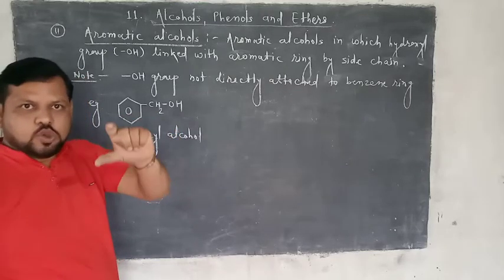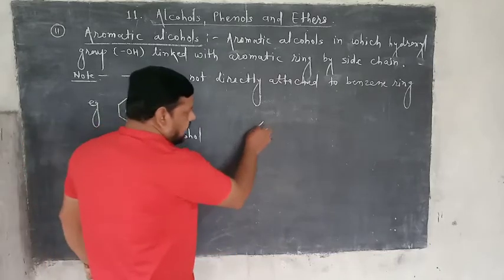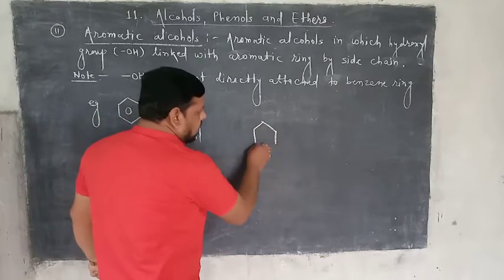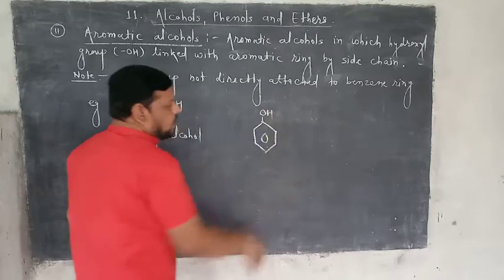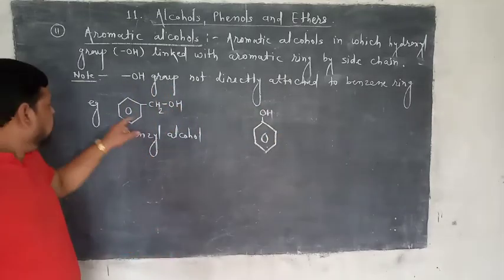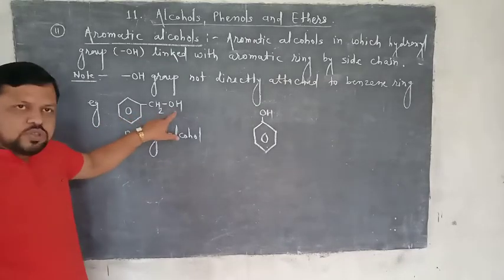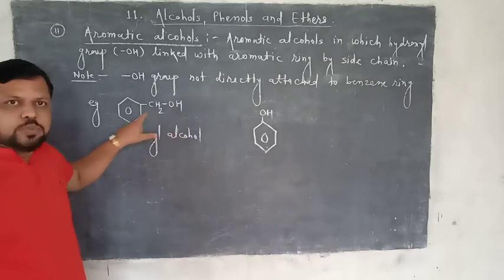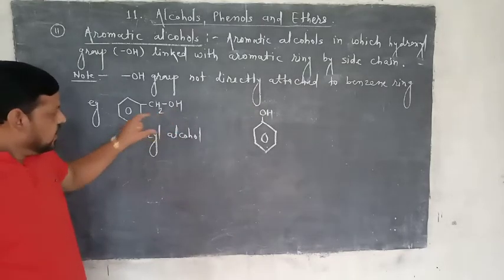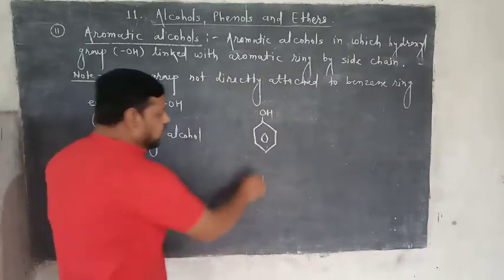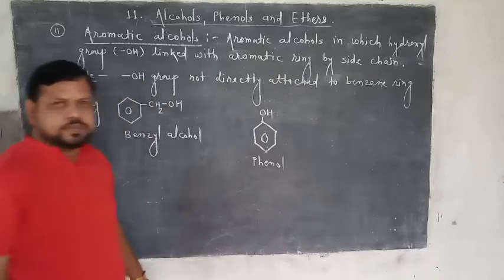In phenols, the OH group is directly attached to the benzene ring in this way. In the case of aromatic alcohols, the hydroxyl group is attached to the benzene ring by a side chain. Okay, that is the basic difference between phenol and aromatic alcohols.